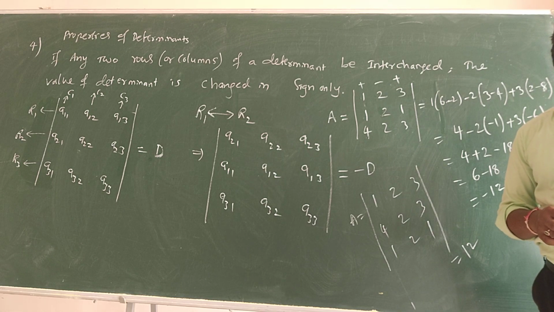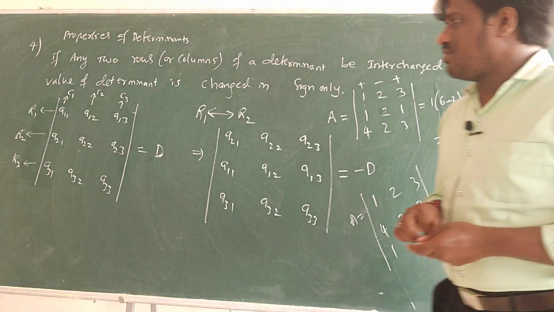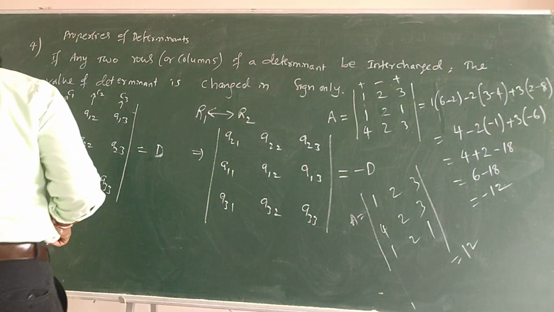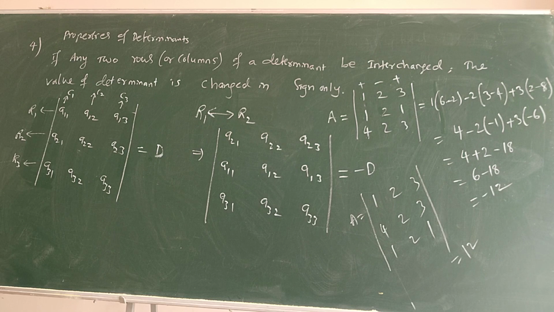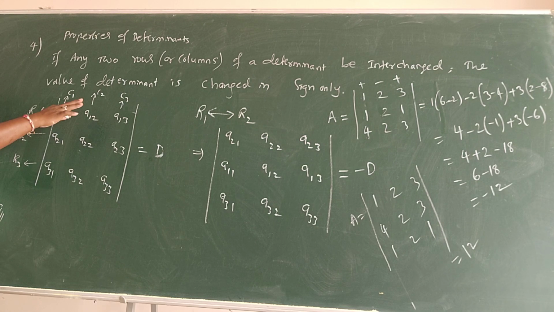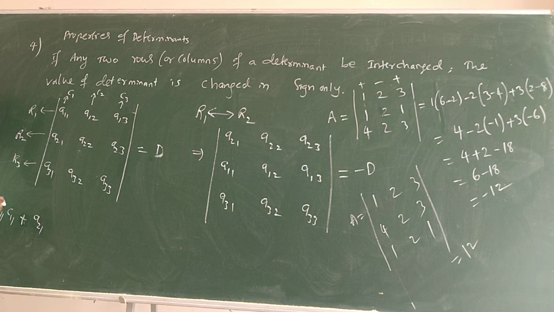Is it clear? One more thing you should know: I did not explain cofactors, so now the time came. When you are finding a determinant, A11 into its cofactor C11, plus A12 into C12, plus A13 into C13, with signs alternating positive, negative.